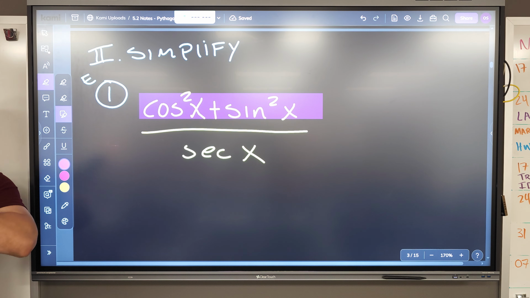So just like yesterday, we leave cosine alone, but we switch secant. Secant is 1 over cosine, squared. Again, it's the same if you put squared on it. So cosine squared. What happens to these cosines? They cancel. So what's our final answer? 1.